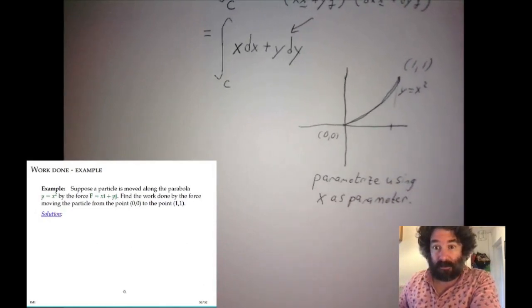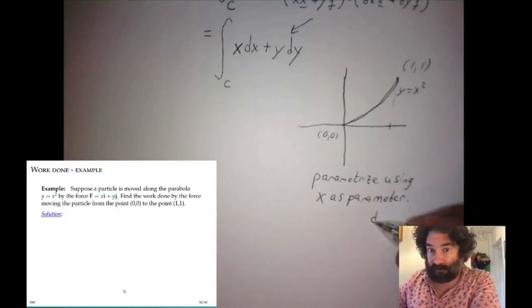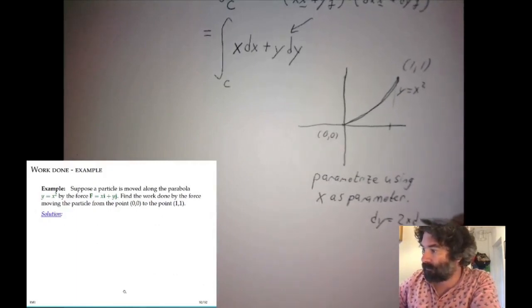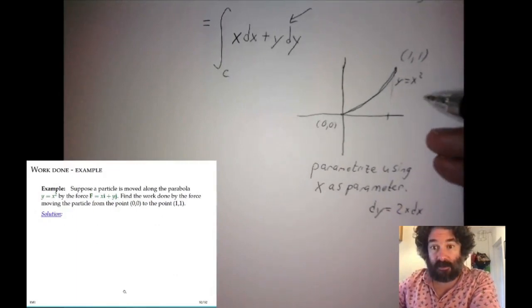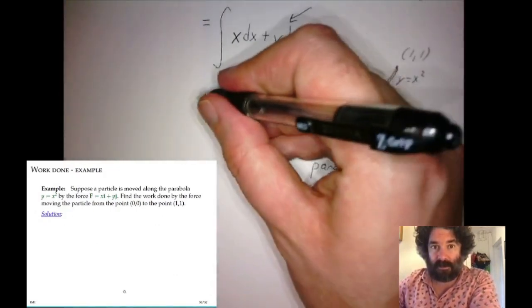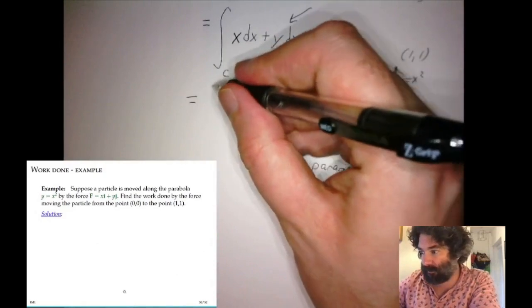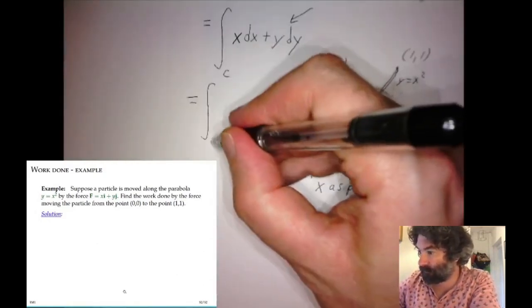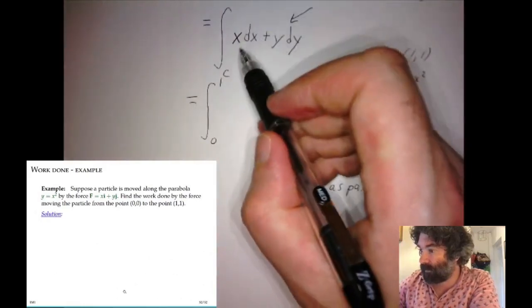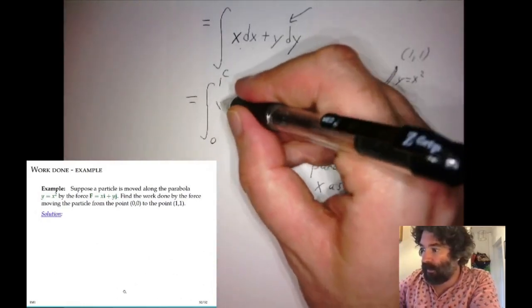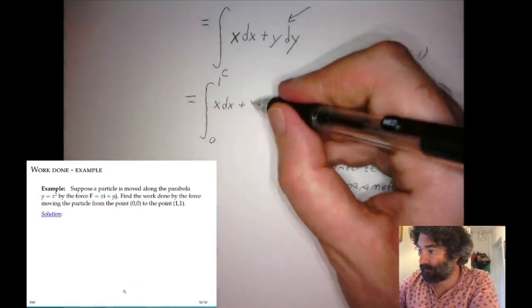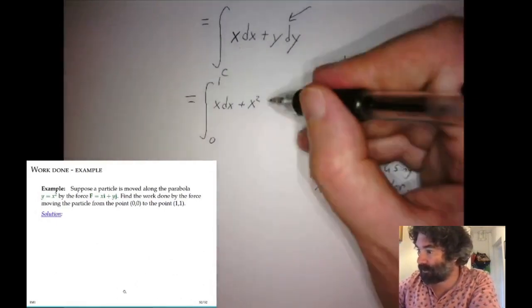And so what do we get? We have then that dy equals 2x dx, and so y equals x squared. And so this line integral, giving the work, is the integral as x goes from 0 to 1 of, here this is x dx, plus y, which is x squared, times dy, which is 2x dx.